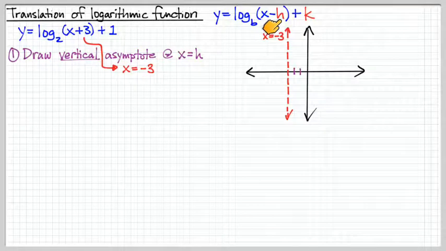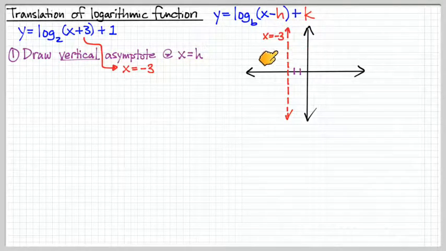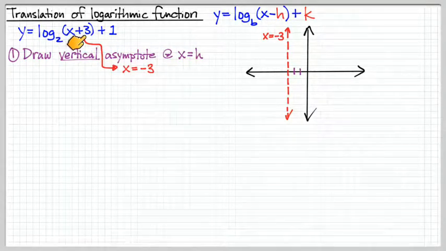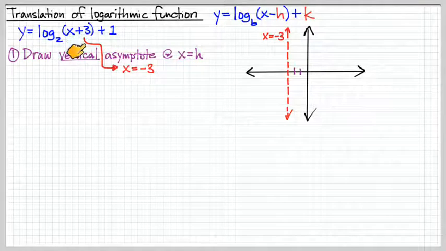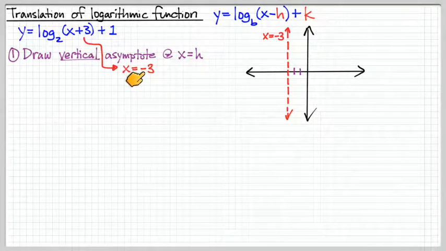In the case of a logarithm graph, moving a vertical asymptote up or down by k doesn't do anything to it. But the h value moves it left or right. In this case, again, x plus 3, our shift in the horizontal direction is 3 to the left. So that's where our vertical asymptote will be.